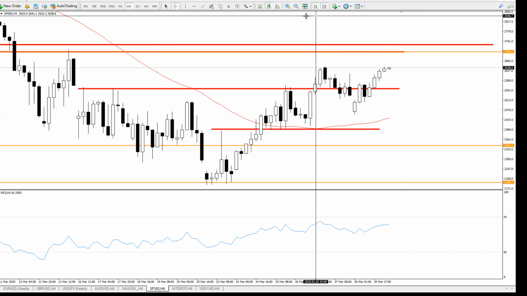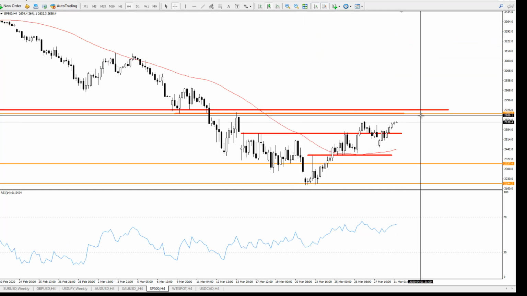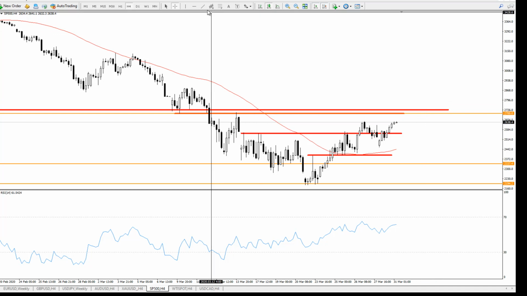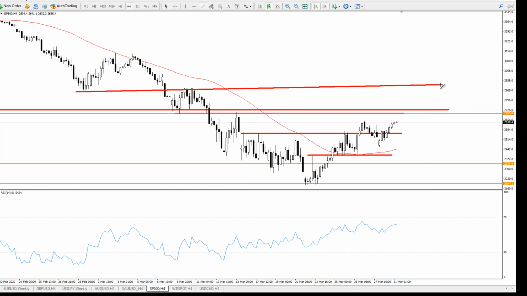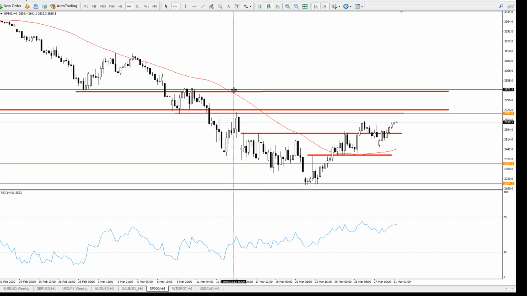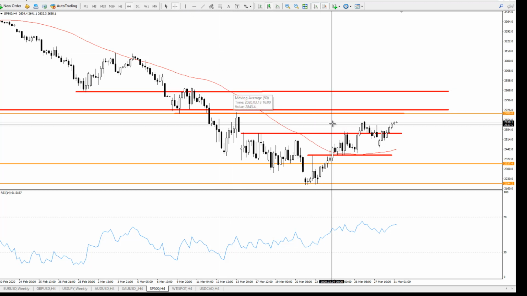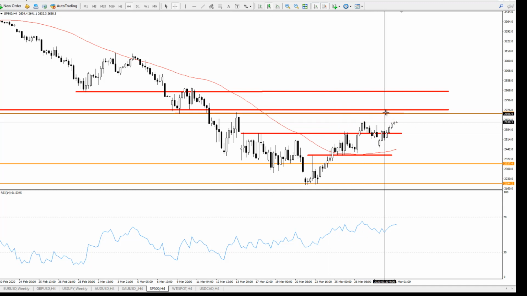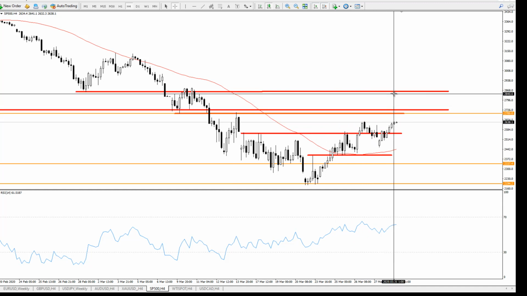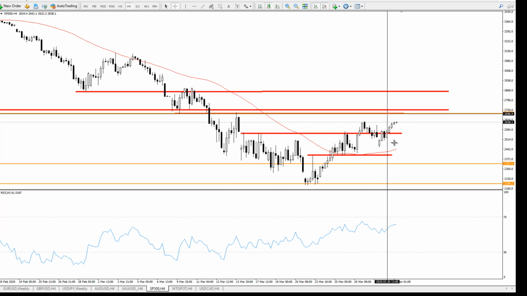If we can break through it successfully, then it would suggest we're off to the races. The next areas of support and resistance would naturally be these areas through here, which you could call the 2850s. So first looking to challenge 27, and 2850 could be the next topside target after that.